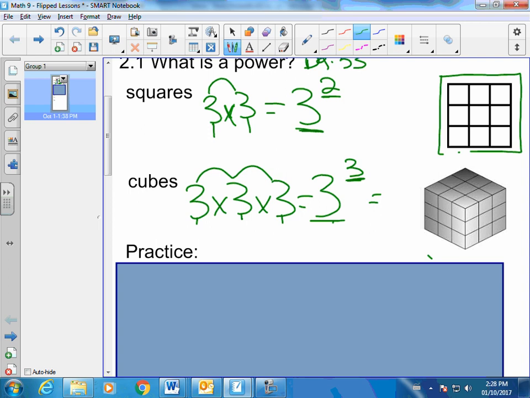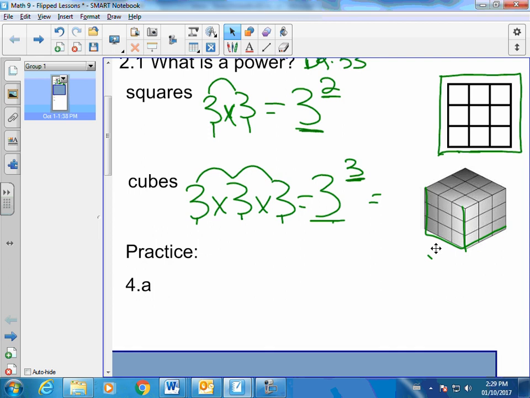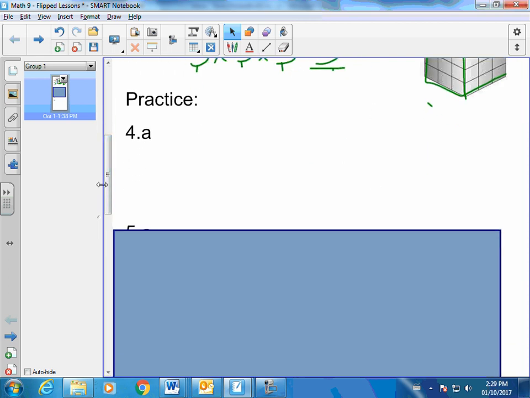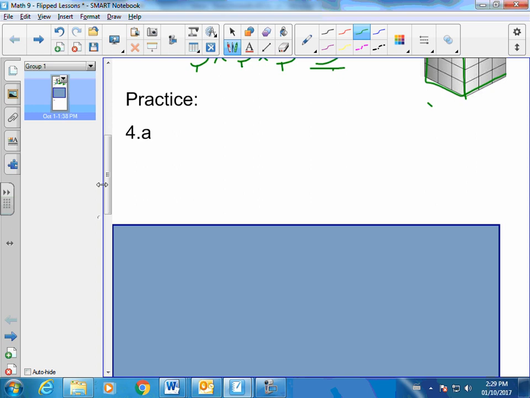So what we have to look at here is what happens when we are dealing with numbers that aren't necessarily perfect cubes or perfect squares. So go ahead, and if you're still working with us in the textbook, go ahead and flip your page over to, it looks like page 55 here.